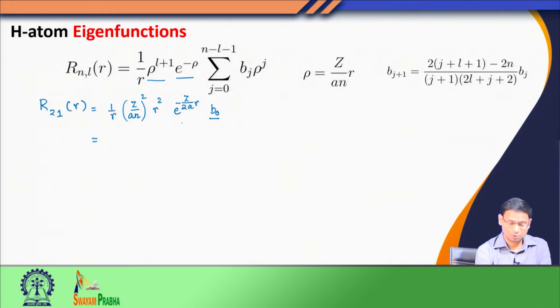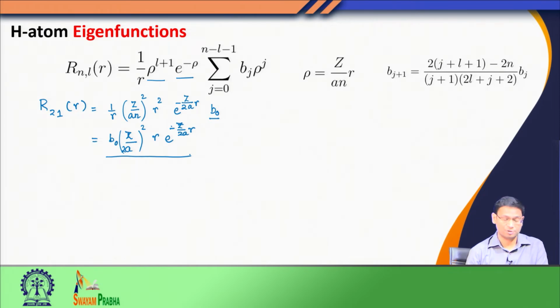I still do not know this constant. So, I bring this to the left hand side, and I see 1 over r multiplied by r squared, which will give me r multiplied by the exponential. So, this is the radial function corresponding to the 2p orbital.